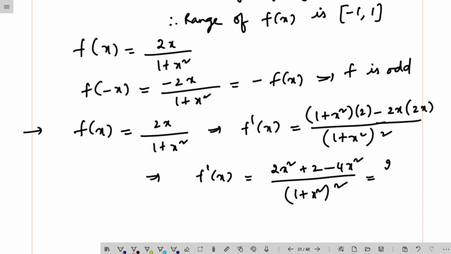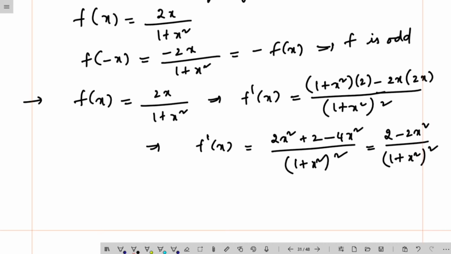Let me check once again. Yes, correct. So this is equal to 2 minus 2x square divided by (1 plus x square) whole square, which can also be written as 2 times (1 minus x square) divided by (1 plus x square) whole square.